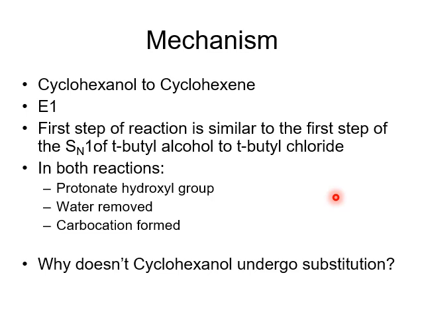The first step of the reaction is similar to the first step of the SN1 reaction, tertiary butyl alcohol to tertiary butyl chloride. But here cyclohexanol undergoes an elimination reaction, not a substitution reaction, because here we have a heating step, but in a substitution reaction where we convert tertiary butyl alcohol to tertiary butyl chloride, we had no heating step.